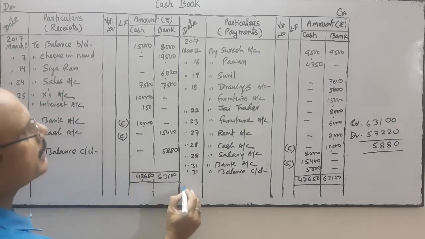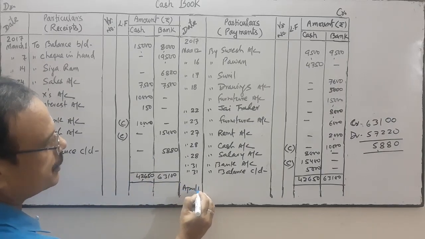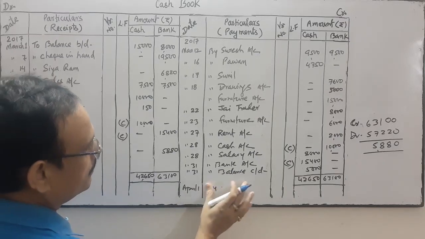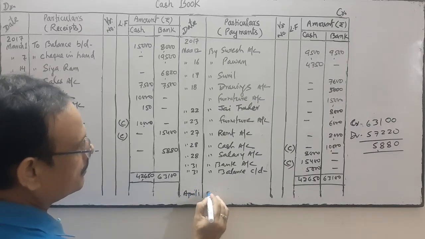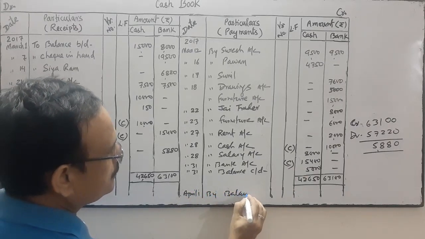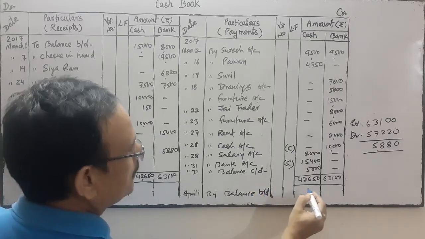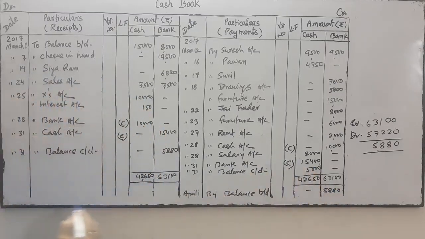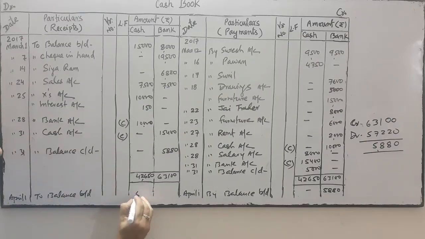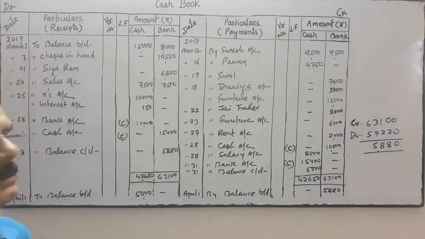This balance will be brought down in the next month, on April 1st, the first day of the next month: by balance brought down 5,880. And on the other side, to balance brought down 5,000. Okay, 5,000. Is it clear?